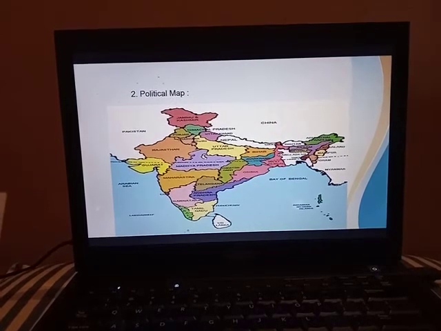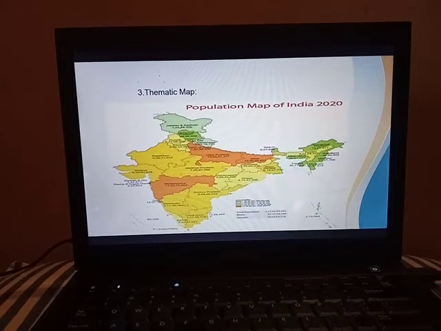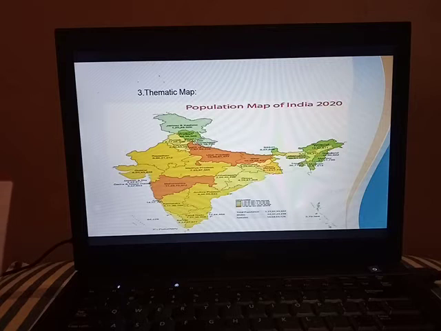Next comes the thematic map. The thematic map helps us in studying specific or particular information, whereas the physical map gives us information regarding the natural resources as well as the man-made resources present on the earth, and political maps give us information about any particular area or land, state wise, city wise and country wise.